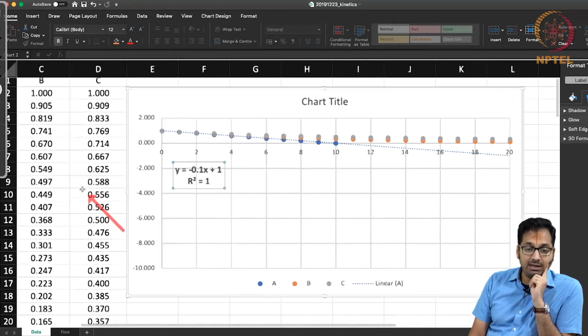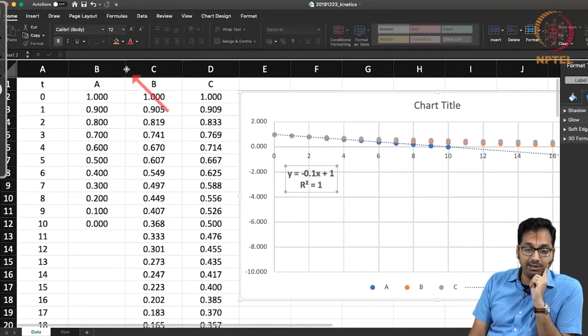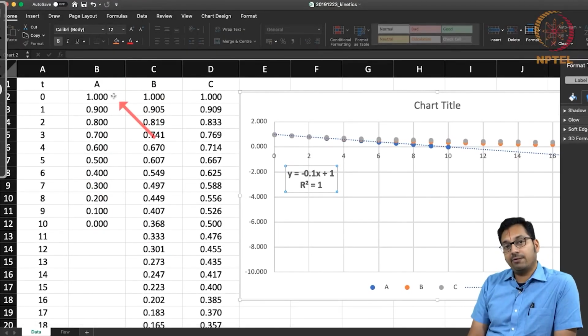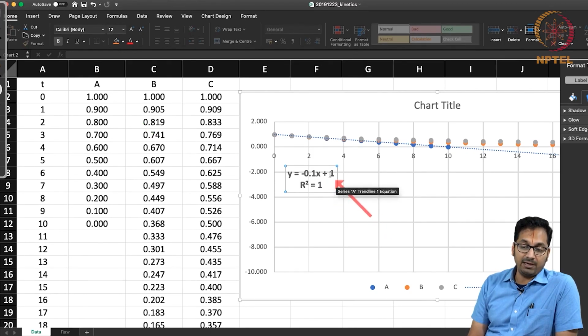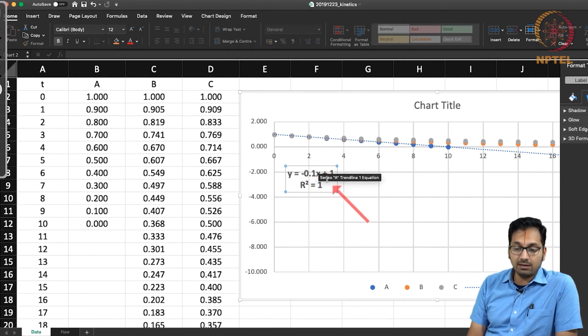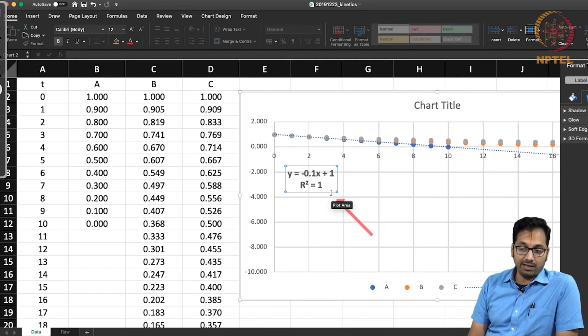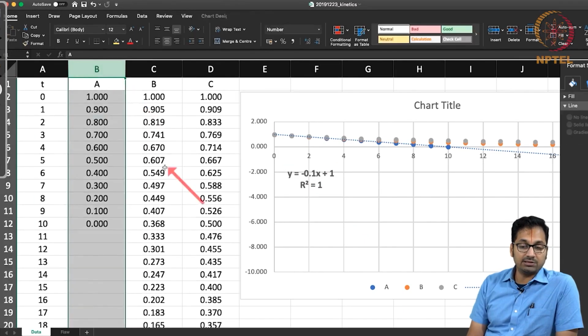Of course, the intercept is the first data point itself, and if you recollect, the equation we wrote for the zero order is A is equal to A naught minus K times t, and this is of the same form where A naught comes as the intercept and K comes as the slope. So this is indeed a zero order reaction, that is, the reaction that involves A is a zero order reaction, and the rate constant is 0.1 second inverse.